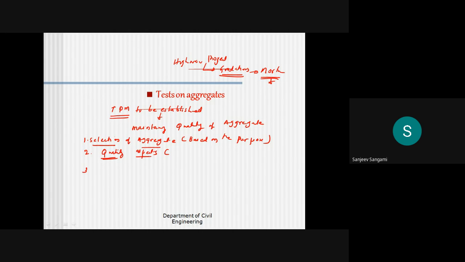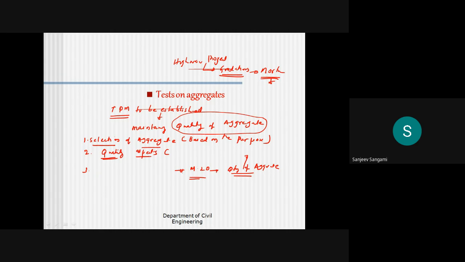Then the third one is the variation in the mix proportion. That is also going to affect the indirect quality of the aggregate. Suppose you are designing for M20, then you should know how much quantity of aggregate has to be added at what gradation.